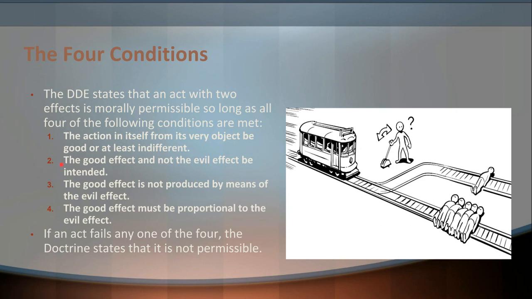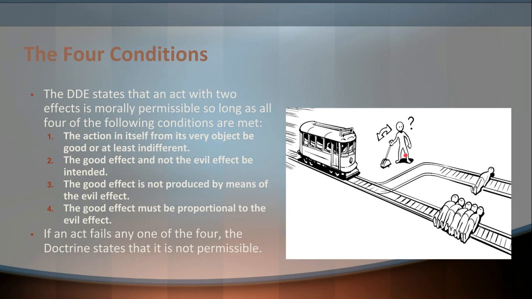Now, the second condition says that the good effect and not the evil effect be intended. Other ways of phrasing this might say that the good effect is intended and the bad effect is merely foreseen in a certain way. So this condition is talking about the intentions of the person doing the action.